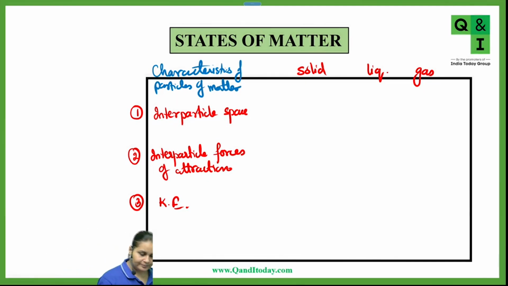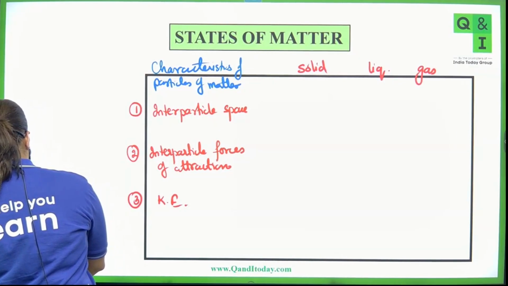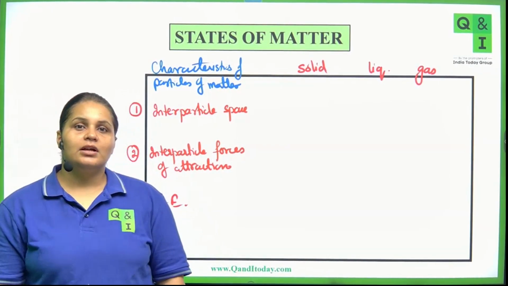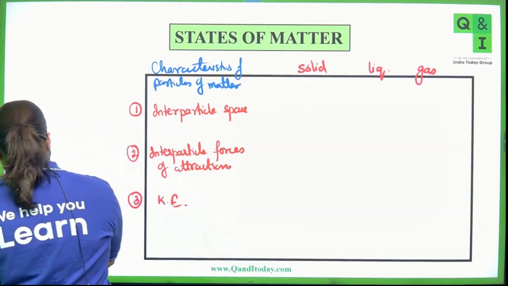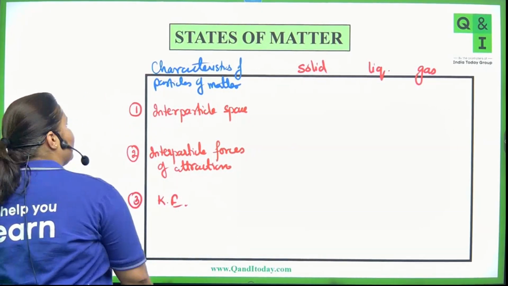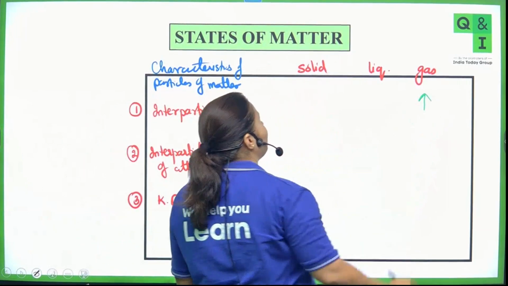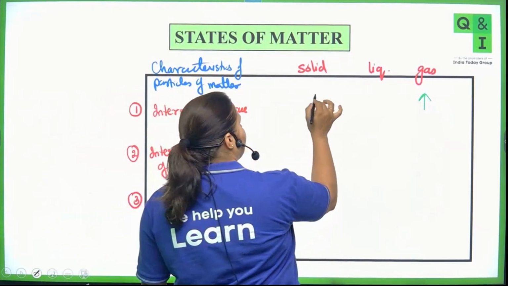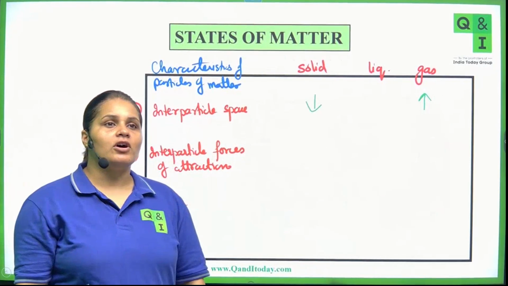Yes, tell me. Gas. Okay, so that's the right answer here. The gas has maximum interparticle space, and solid has the minimum, right? Least space is present in between the particles of solid.